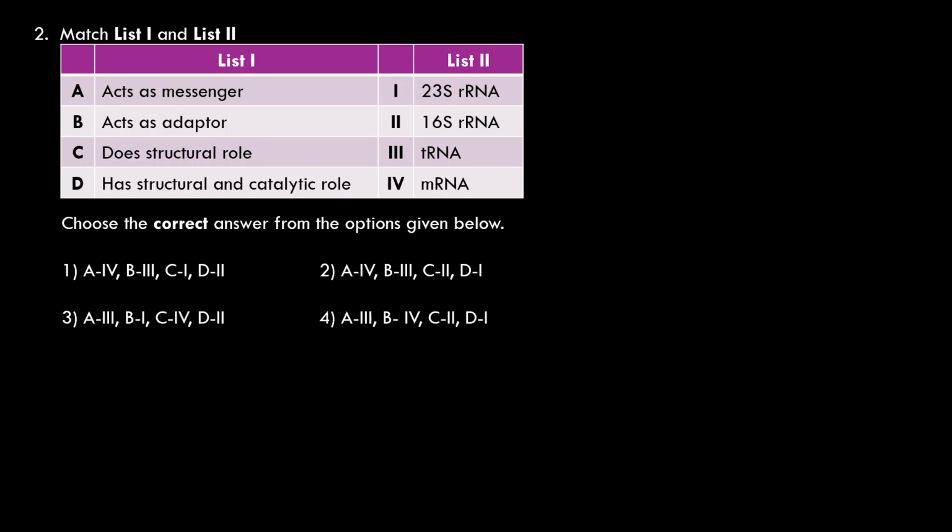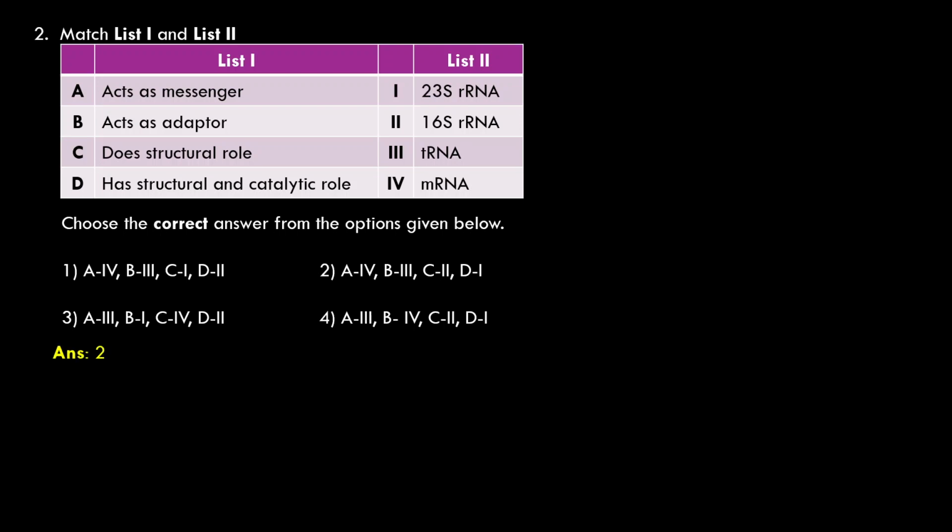Ribosomal RNA has a structural and catalytic role. 23S rRNA, that means ribosomal RNA, it has structural role being a part of larger subunit of 70S type of ribosomes, that is 50S subunit, and also it acts as an enzyme peptidyl transferase which is involved in peptide bond formation. So B1, so A 4, B 3, C 2, D 1. So second option must be the correct one.